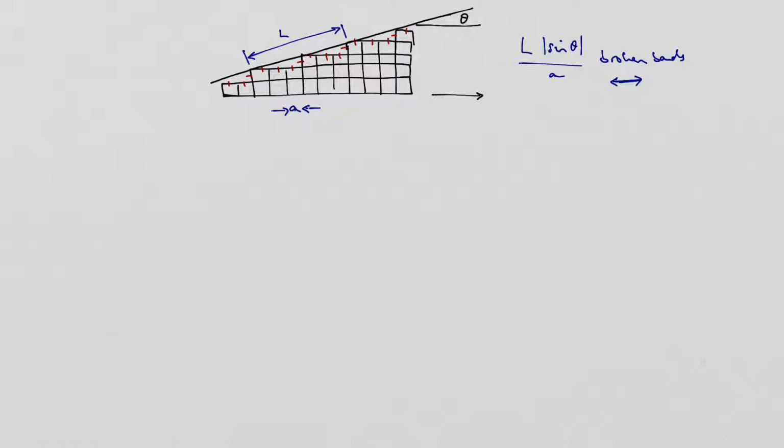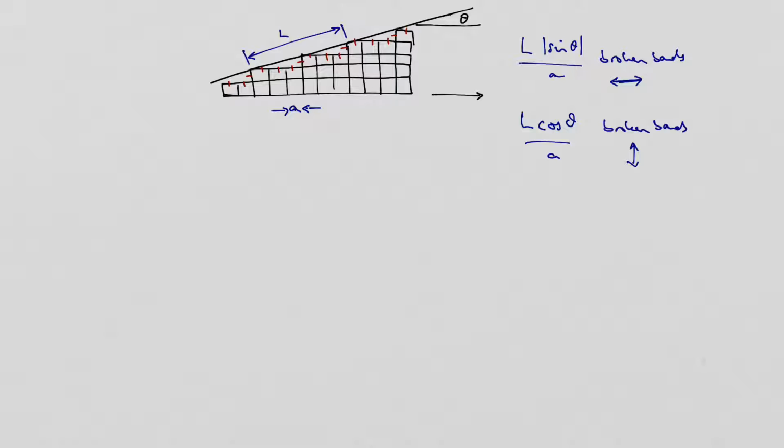And L cosine theta is the length along here. In this case it's 6 times A, but there are L cosine theta over A broken bonds pointing in that direction. Is that okay?